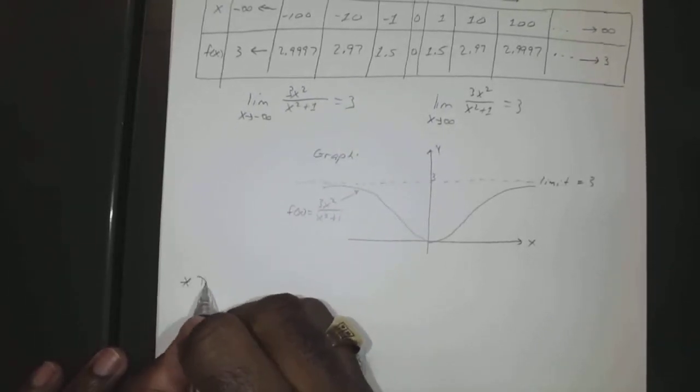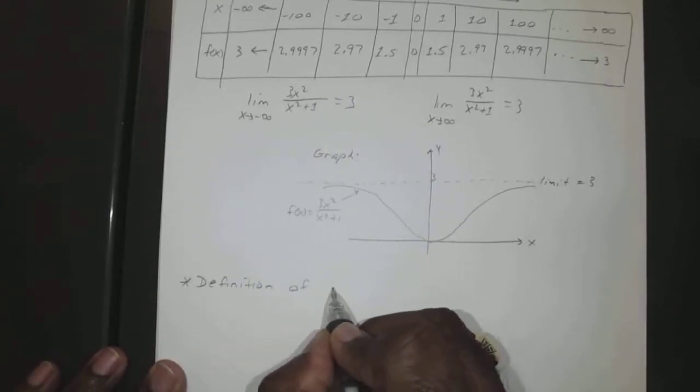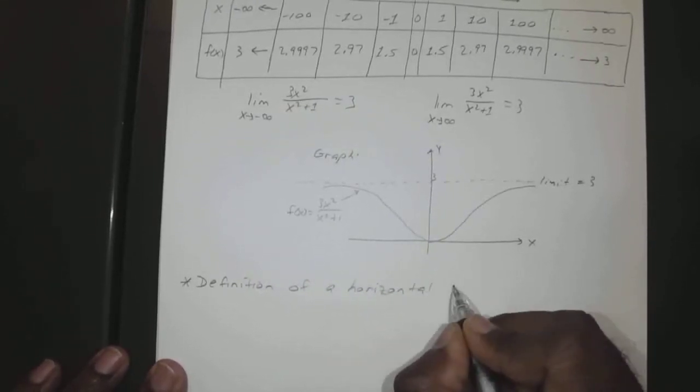Okay. So we'll give an actual definition of a horizontal asymptote.